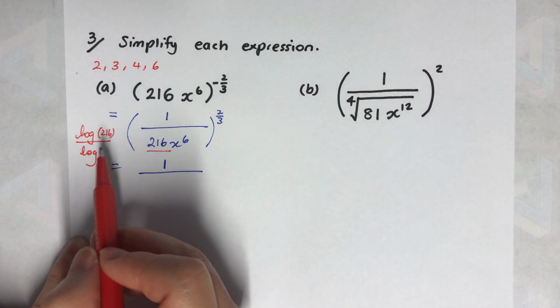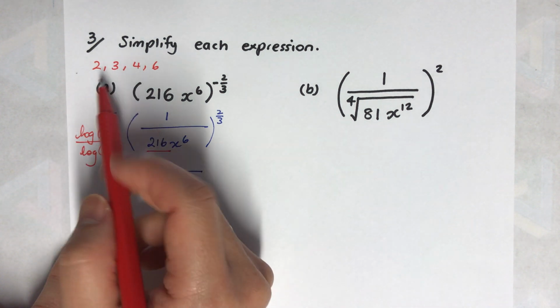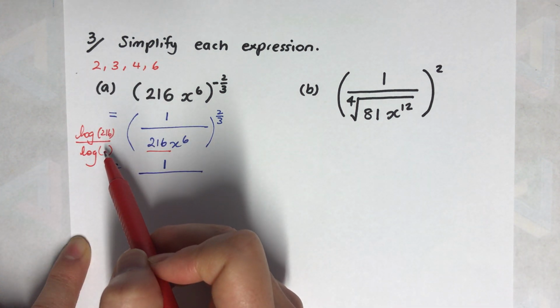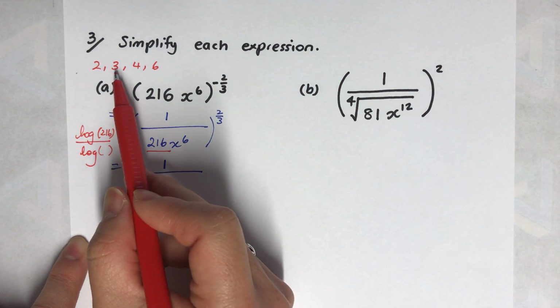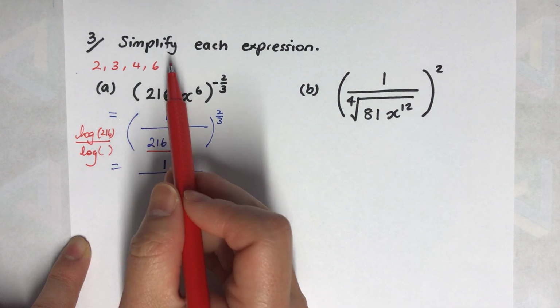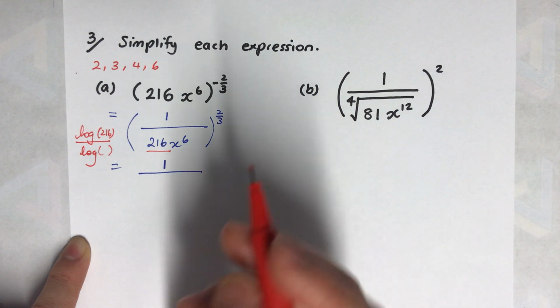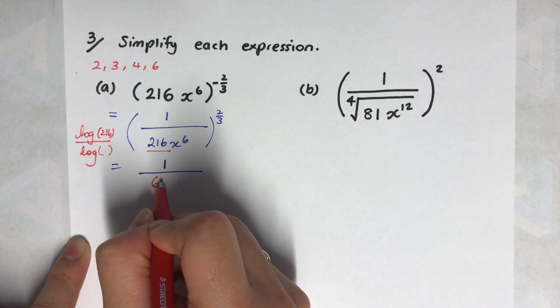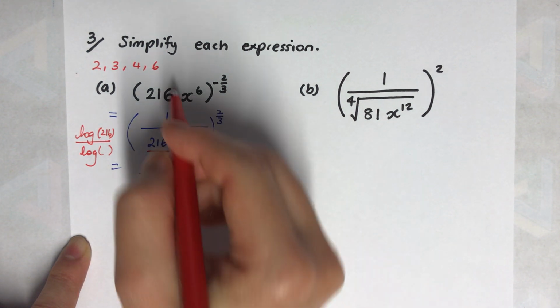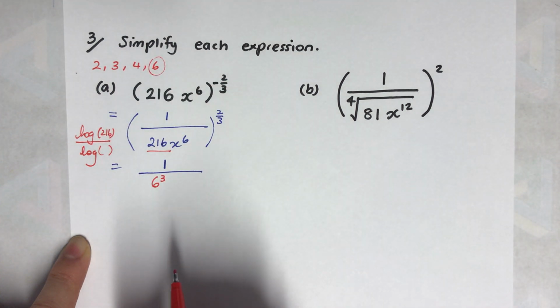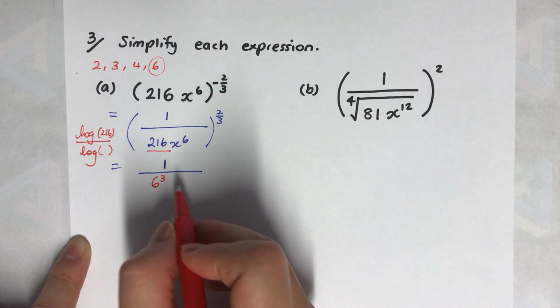I'm going to try that. So in here, I'm going to put 2 there. If I can get the whole integer, then it's the right base. If it's not, try 3, try 4, try 6. And if I did that, I will get 6 to the power of 3. That is the correct base. Okay, just use your calculator and try that out.